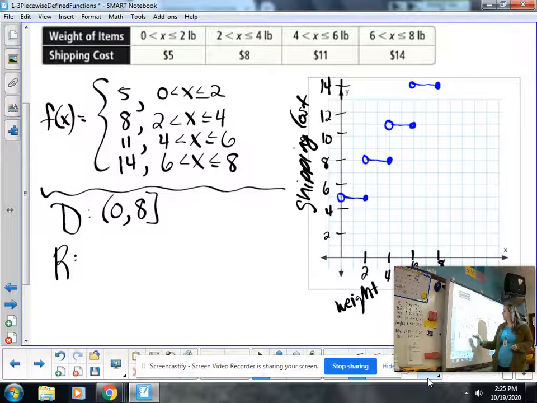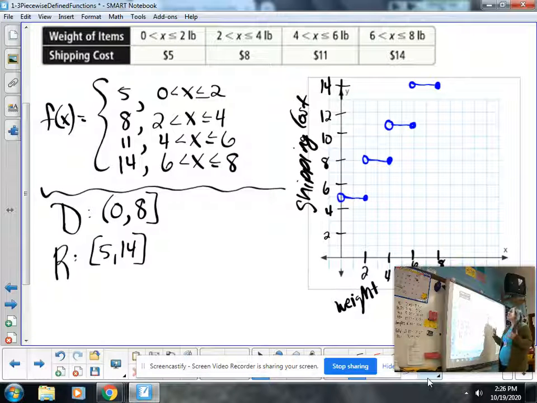The range would be the different y values that you have. Now, the lowest shipping cost that we have is 5, and the highest is 14. But I can't write the range like this. Because if I write the range saying 5 to 14, that means every number between 5 and 14 would be included. And that's not what's going on here. Based on this chart, we are never going to pay a shipping cost of $6.